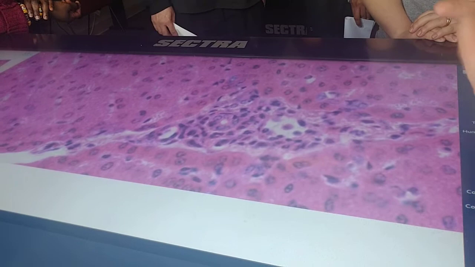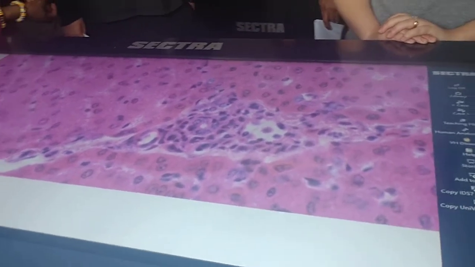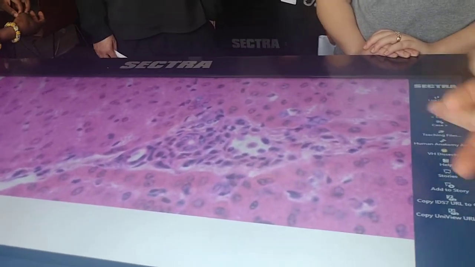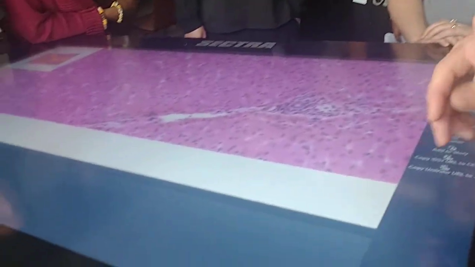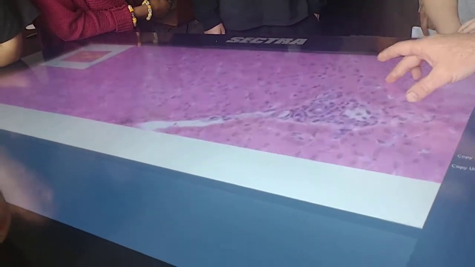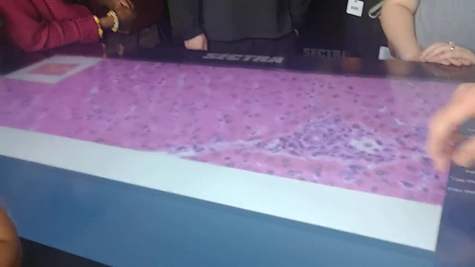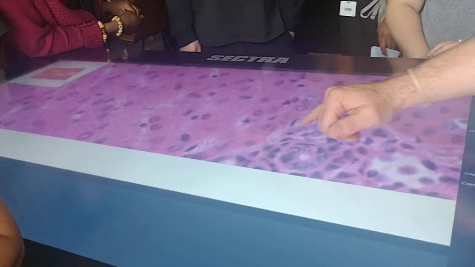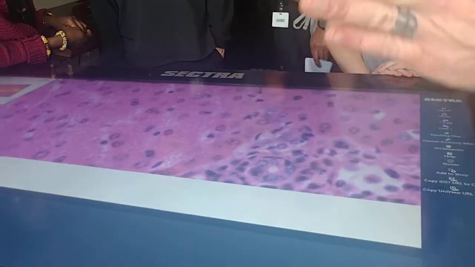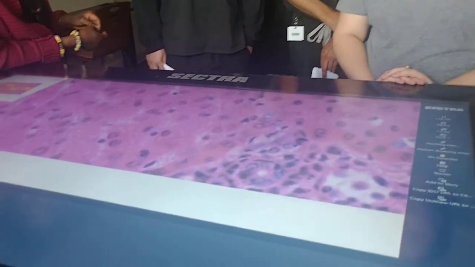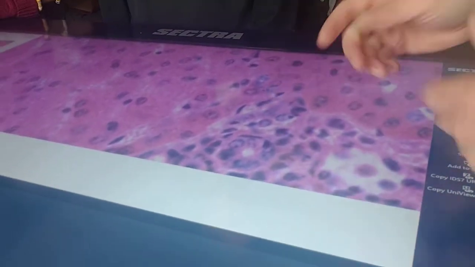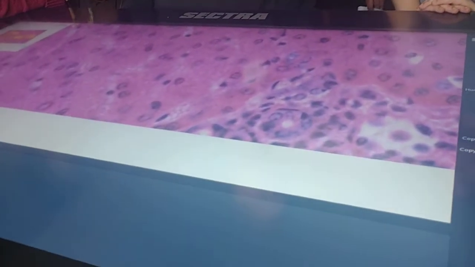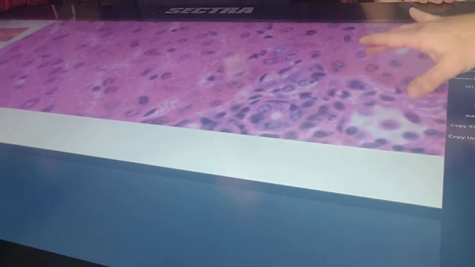But we know that there has to be a vein in there somewhere. It is a little difficult to tell for sure. I almost want to say that this line right here is actually a collapsed vein because that looks like squamous epithelium. You can see two different nuclei, so it'd be like squamous epithelium. If that vein's kind of collapsed, then that might make sense.